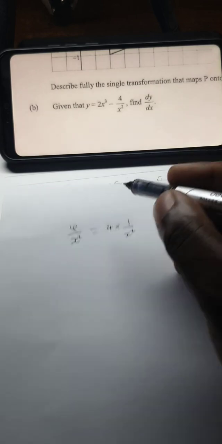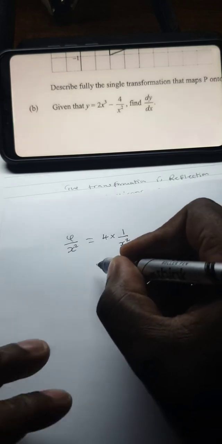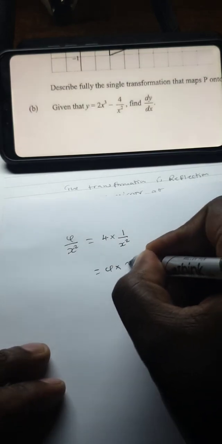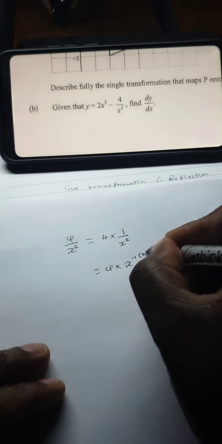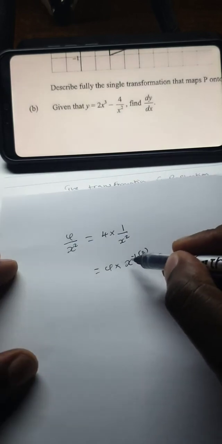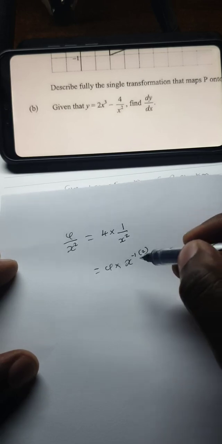Then understand that 1 over x squared is the same thing as x to the power negative 2.